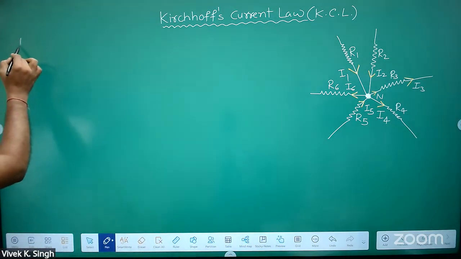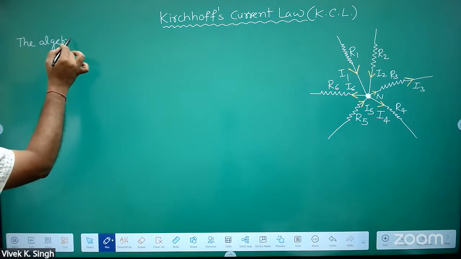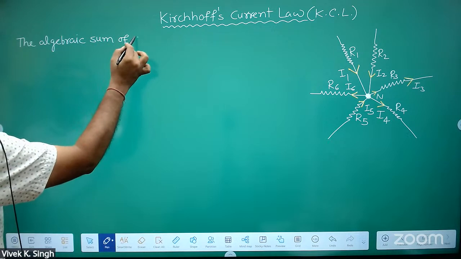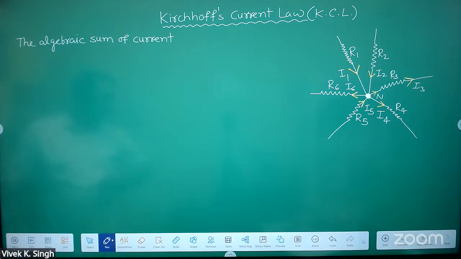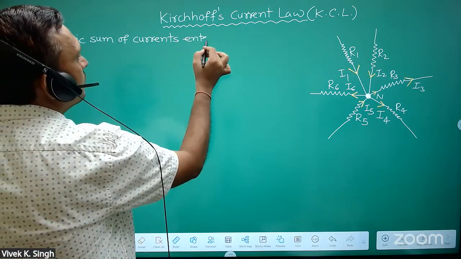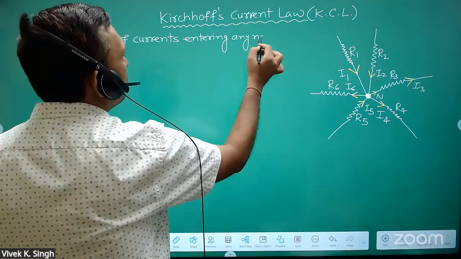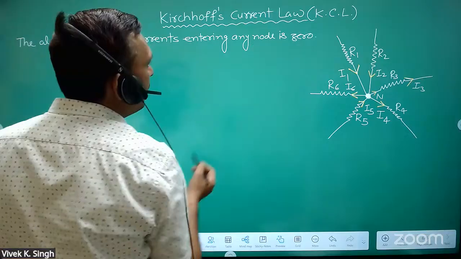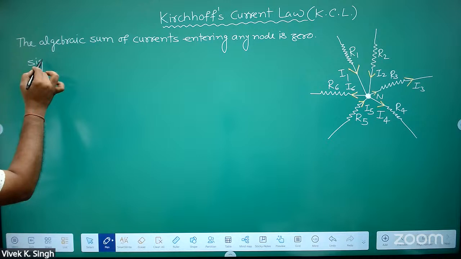So according to KCL, the algebraic sum of current entering any node is 0.